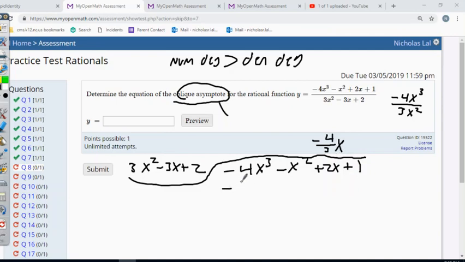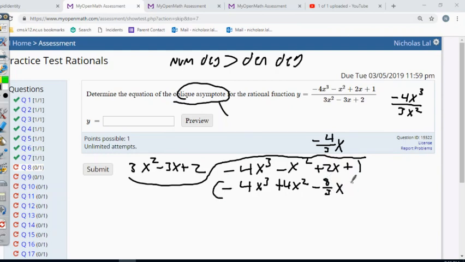So negative 4/3 x becomes negative 4x cubed, multiplying across here, times negative 3x times negative 4/3. That's positive 12/3 x, that's just going to be plus 4x squared. And then plus 2, that's going to be negative 8/3 x.